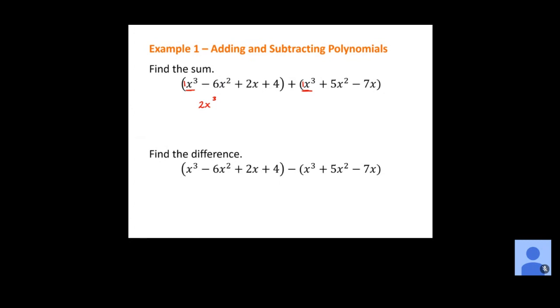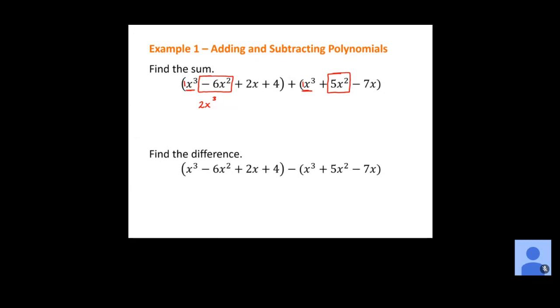All right, let's look for other like terms. What else can we combine here? All right, the x squared terms. Good. So I have this term here. Notice I'm going to box in the entire negative 6x squared, and then I'm adding that to a positive 5x squared.